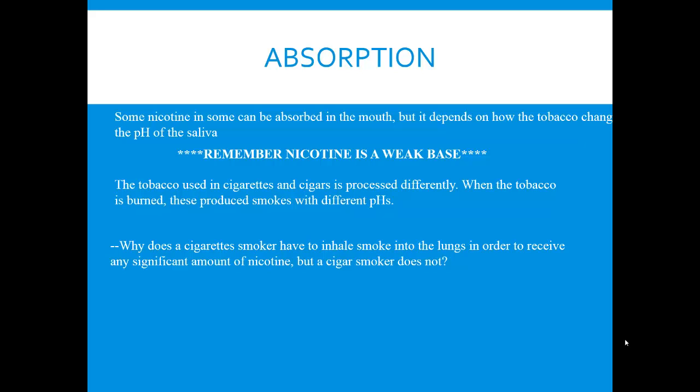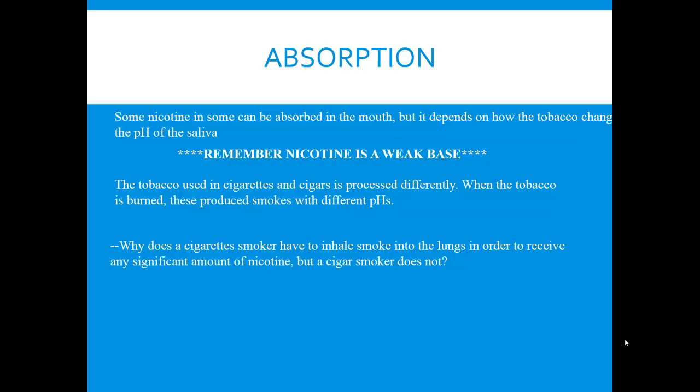The acidic smoke lowers the pH of the mouth and the saliva. Because the pH of the mouth and the saliva has been lowered, that causes the nicotine molecule, which is a weak base, to ionize. And so you're going to have little to no absorption of nicotine through the membranes of the mouth.